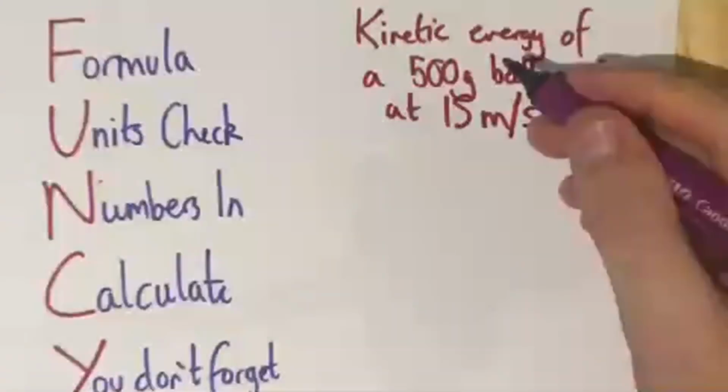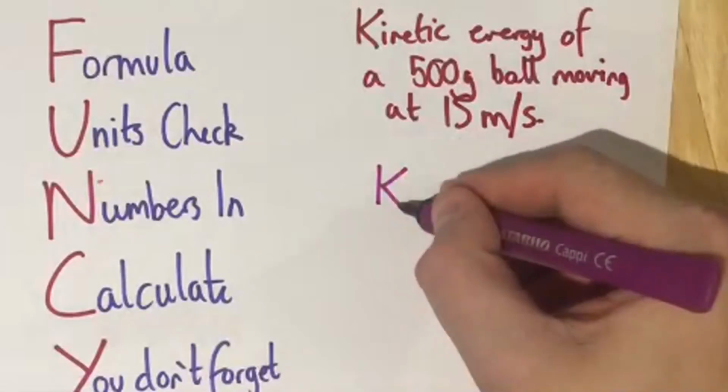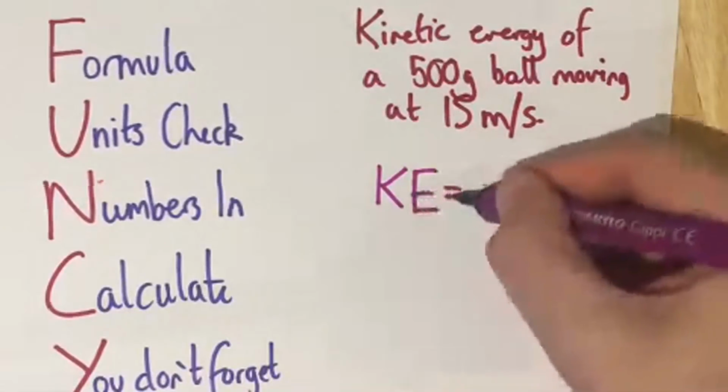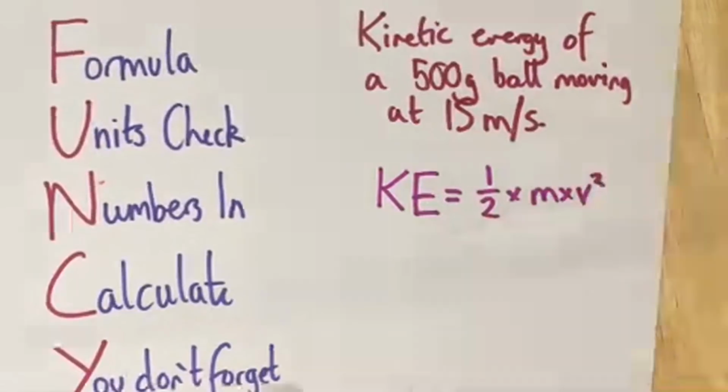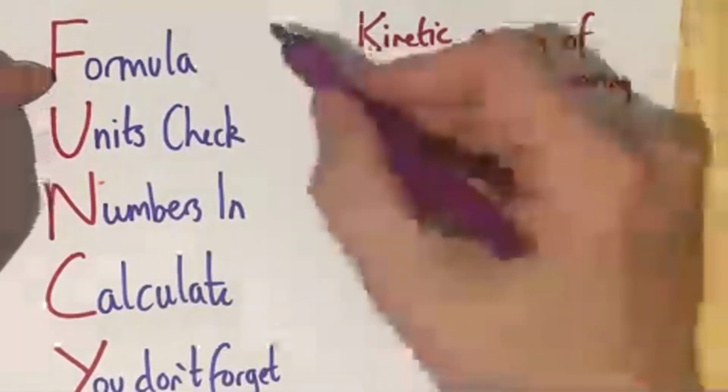So my equation is kinetic energy equals half times mass times velocity squared. Notice that's the first thing: formula. I've written out the formula.